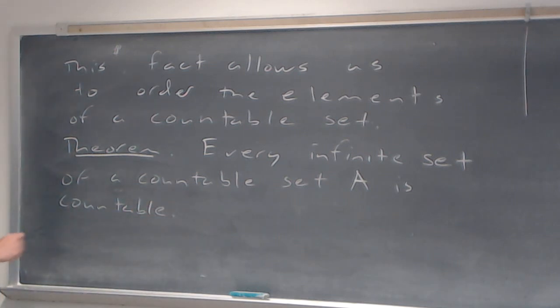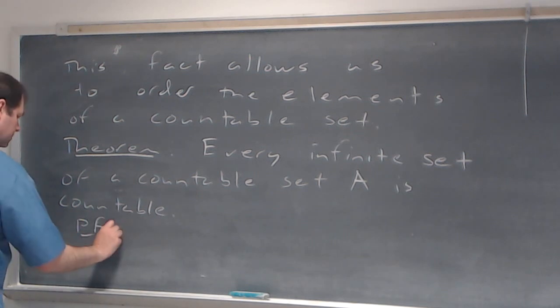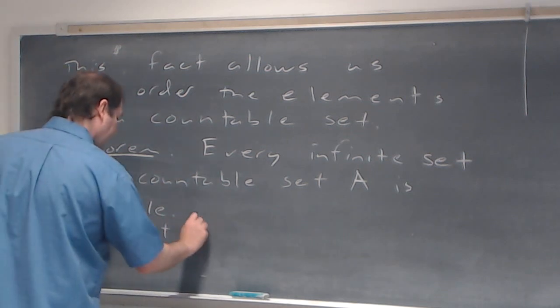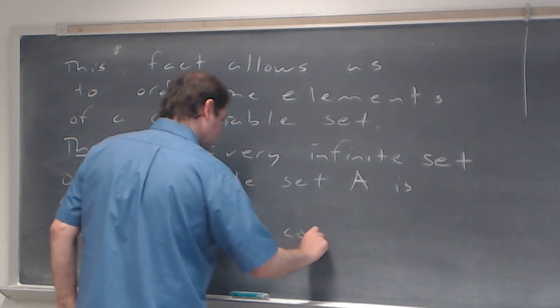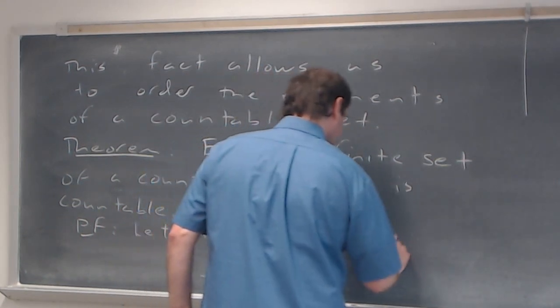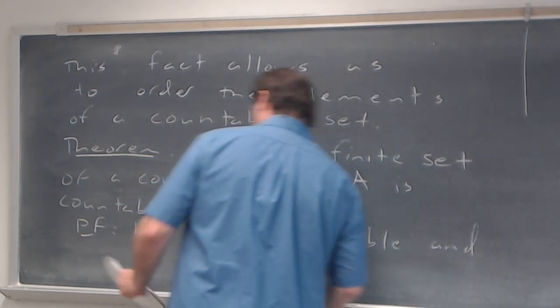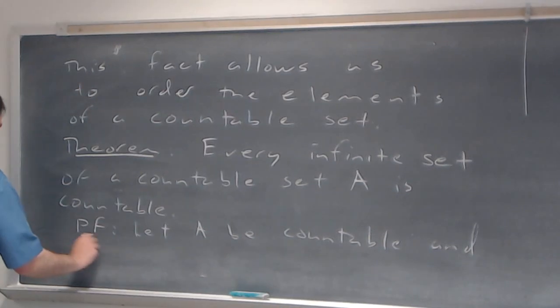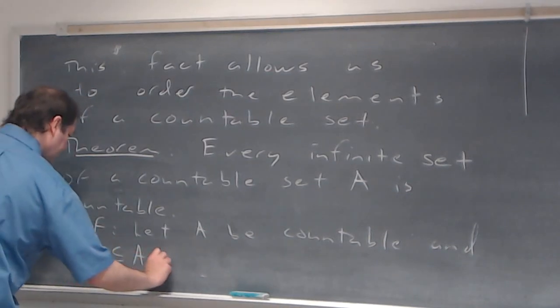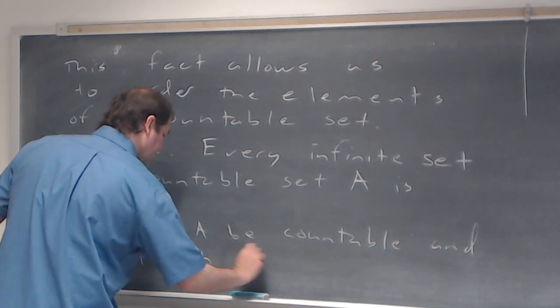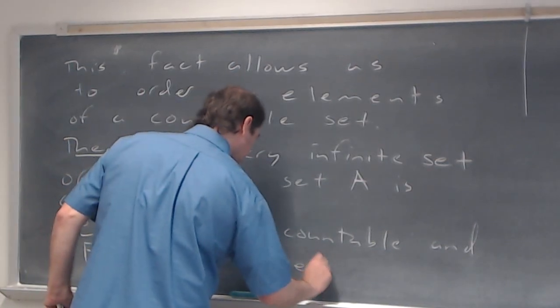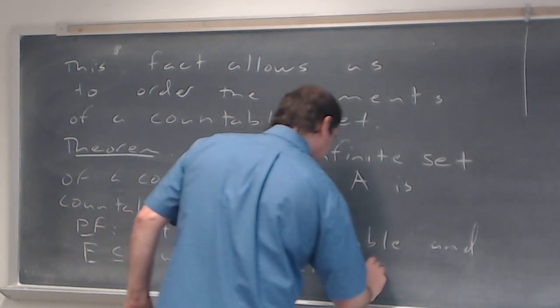So the proof is: we let A be countable, and let's let E be a subset of A with E being infinite.